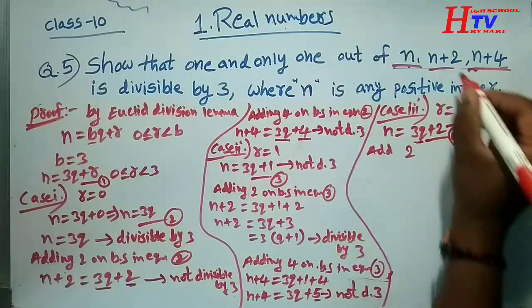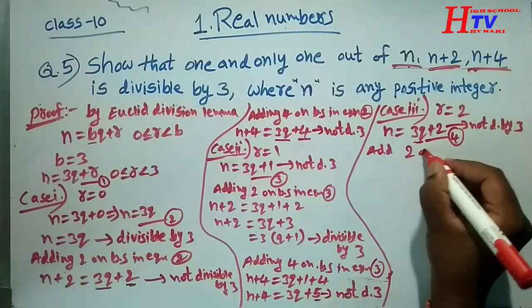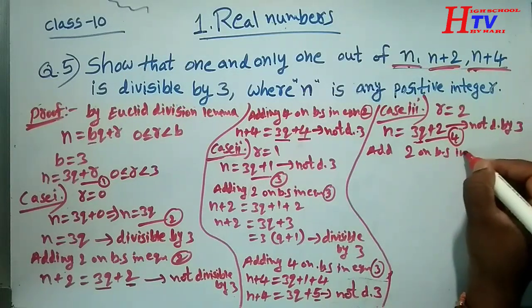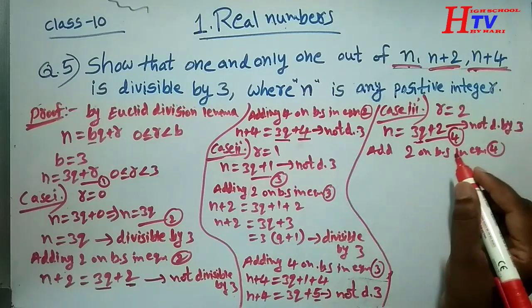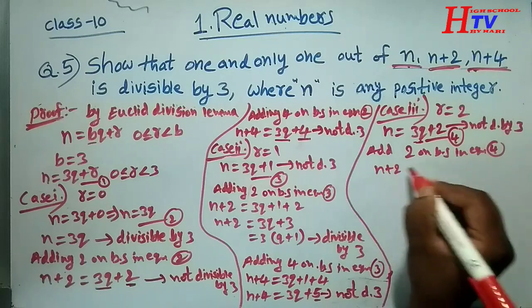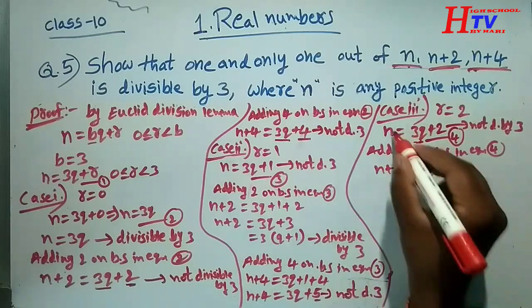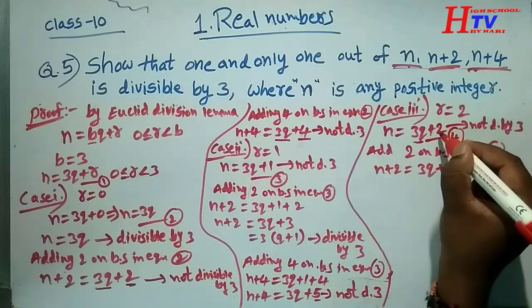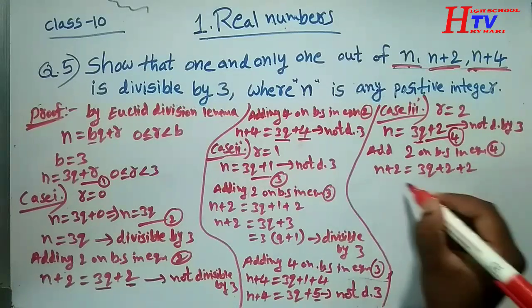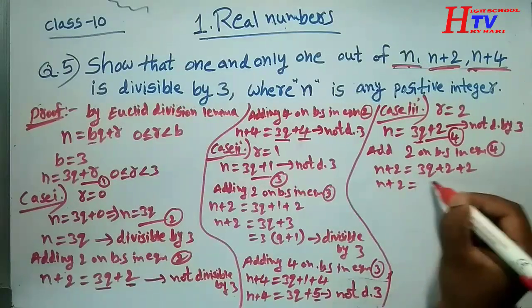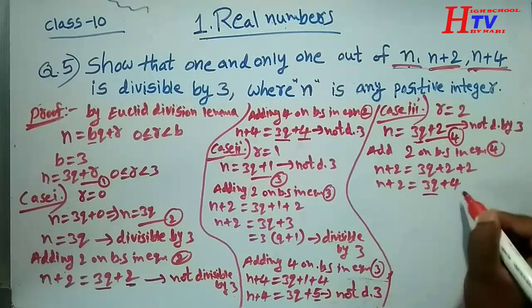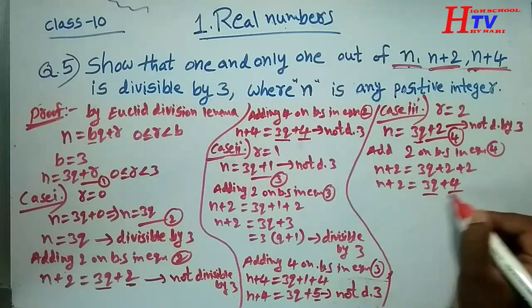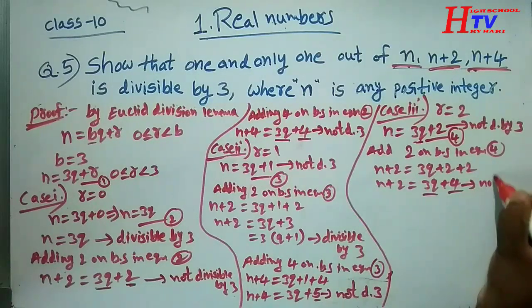Adding 2 on both sides in equation 4, n plus 2 equals 3q plus 2 already there, plus 2. n plus 2 equals 3q plus 2 plus 2, which is 4. It is a multiple of 3 and it is not a multiple of 3. 3 is not common. So it is not divisible by 3.